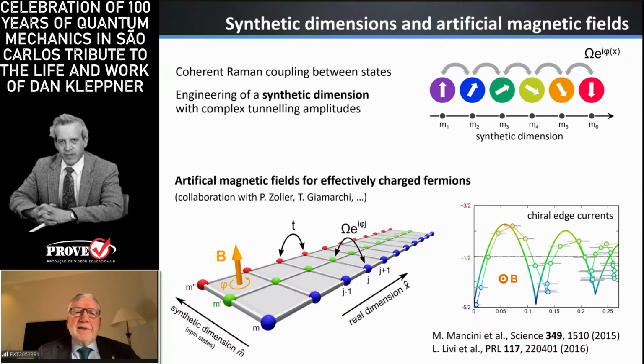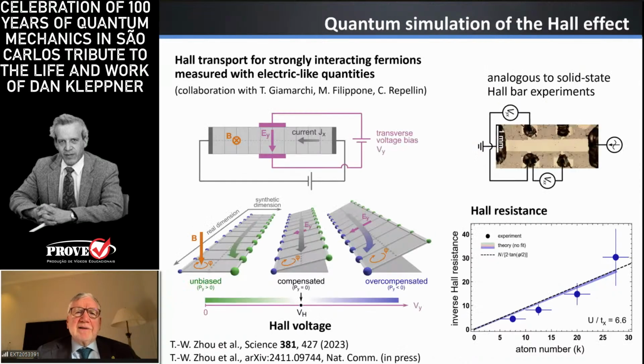Then you can study phenomena like the Hall effect, because with this artificial magnetic field you can have a sort of current tunneling going all around the synthetic dimension and the real dimension.